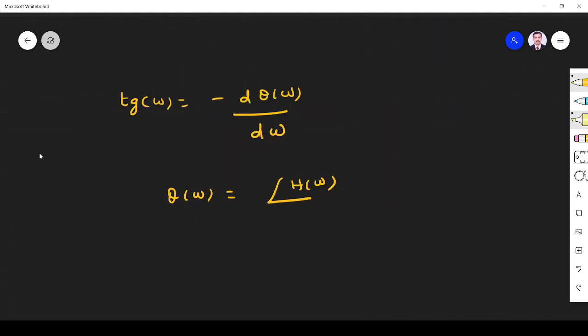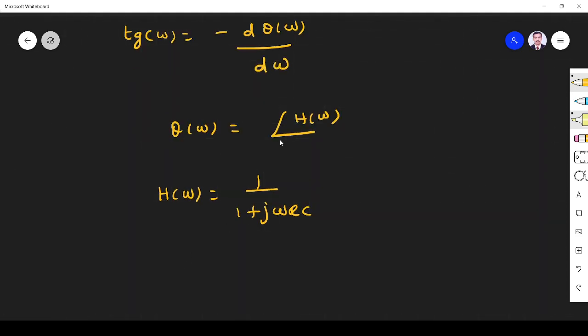For the RC low pass filter, H of omega is 1 by (1 + j omega RC), where omega is equal to 2 pi f. The phase theta of omega is minus tan inverse of omega RC.